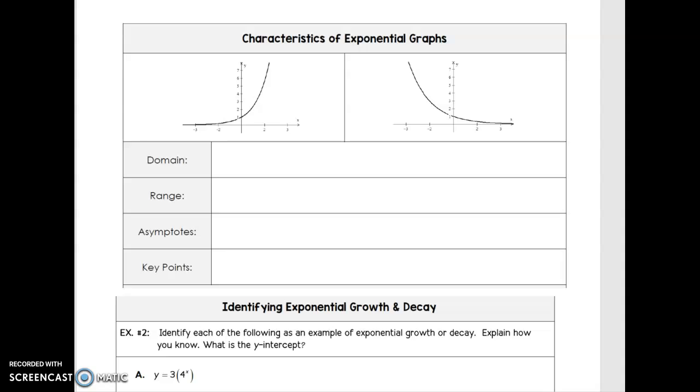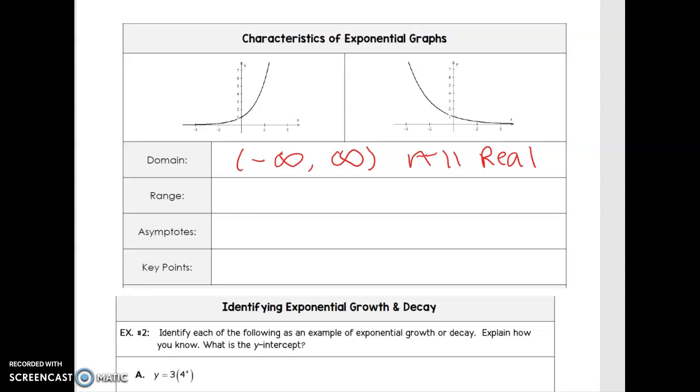So let's talk about the characteristics of your exponentials. Your domain is going to be negative infinity to positive infinity, all real numbers.